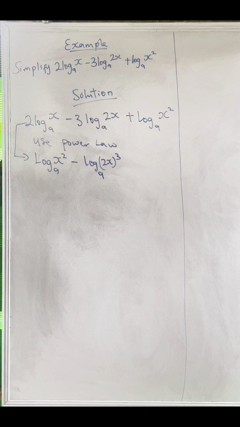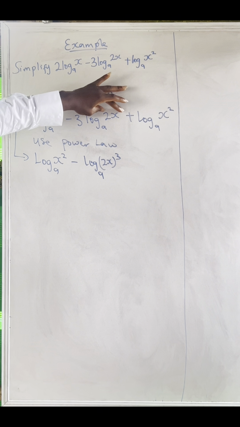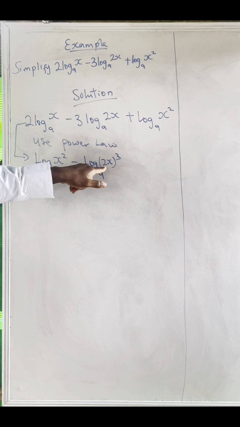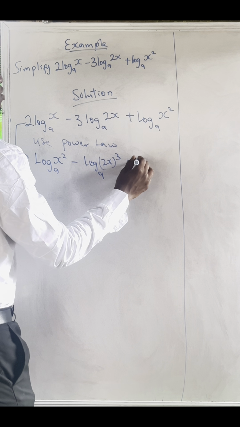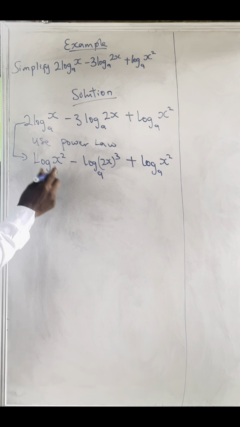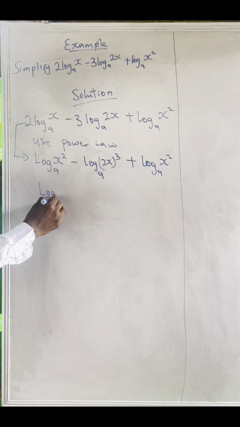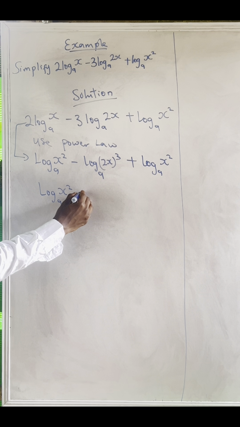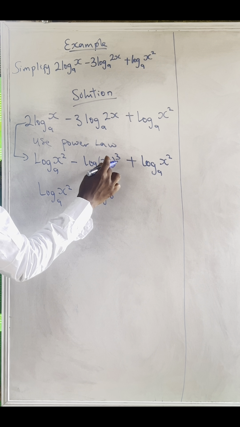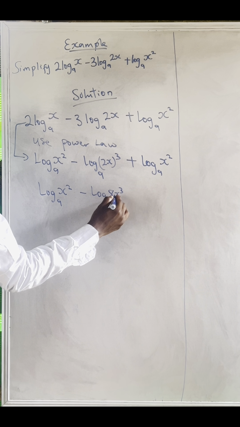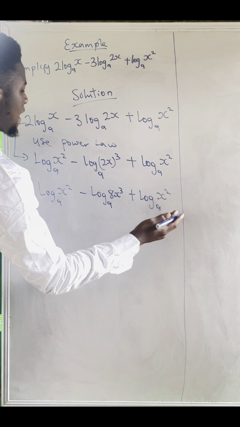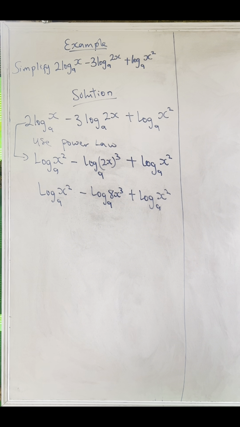When this particular coefficient becomes the power of these 2x inside, this is written as log a minus log x raised to power 3 base a, and log a.